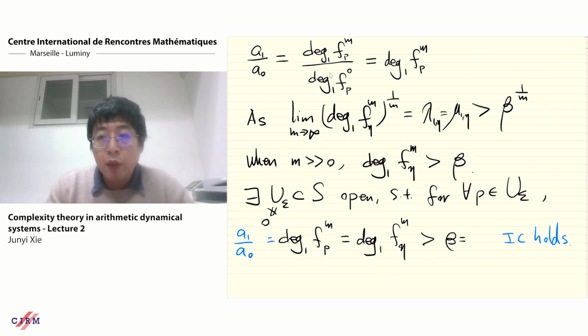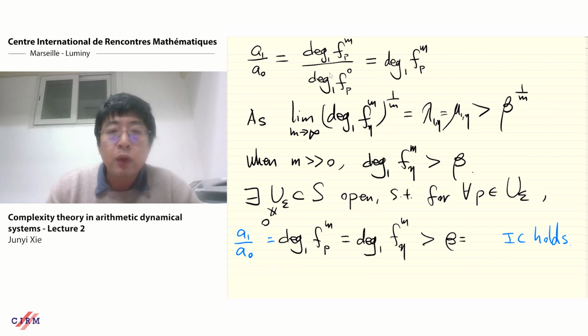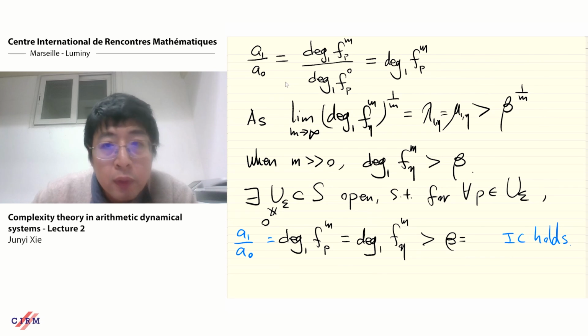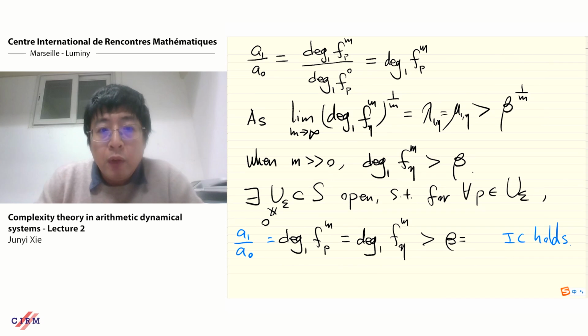And now you look at A1 divided by A0. What you get is degree 1 of F_p^m over degree 1 of F_p^0. So it equals degree 1 of F_p^m, because degree 1 of F_p^0 is just 1.